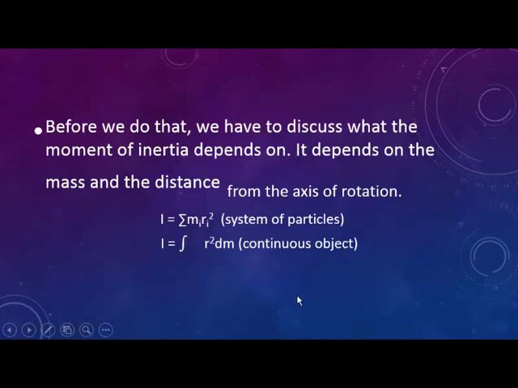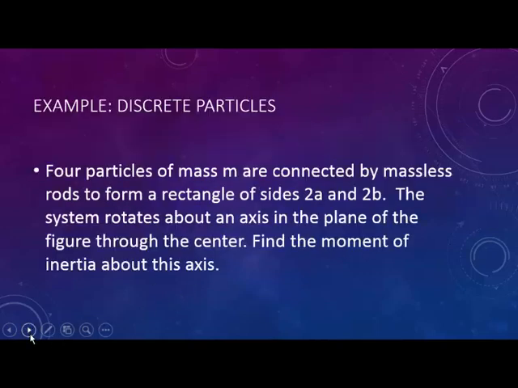And if we have a continuous object like a sphere or a hoop or a stick, you would need to integrate along its shape or along its length. Sometimes that's very easy to do. Sometimes it's a little bit more complicated. But we're going to stick with simpler ones today, I think.